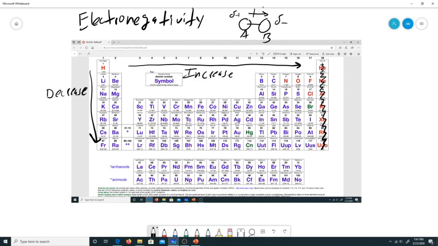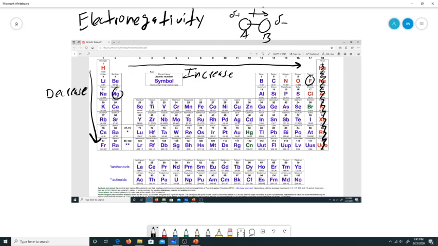So fluorine is the most electronegative, francium is the least electronegative, and where we're going with this eventually in the next chapter, we're going to be looking at electronegativity values. We're going to be able to figure out whether a bond is ionic, polar covalent, or non-polar covalent. It turns out if the difference in electronegativities is sufficiently large, a big difference in values if you subtract them, we're going to find that the bond will end up being ionic.